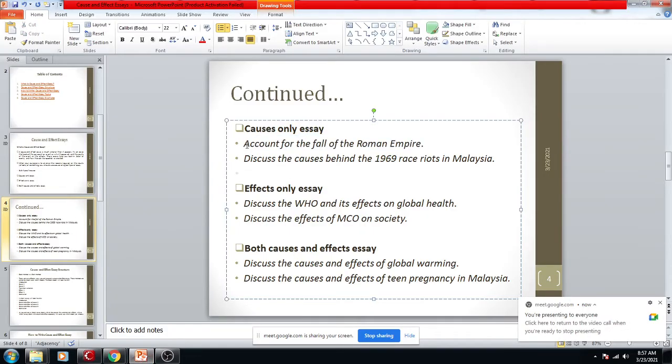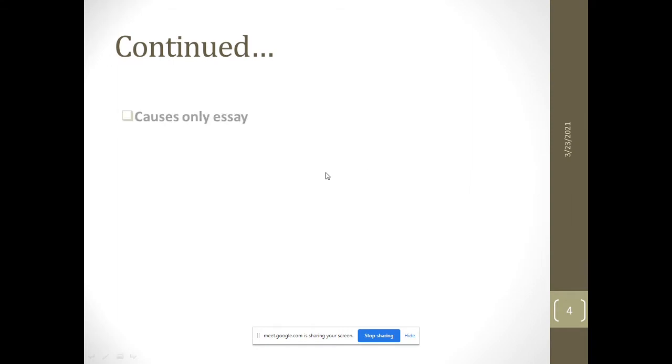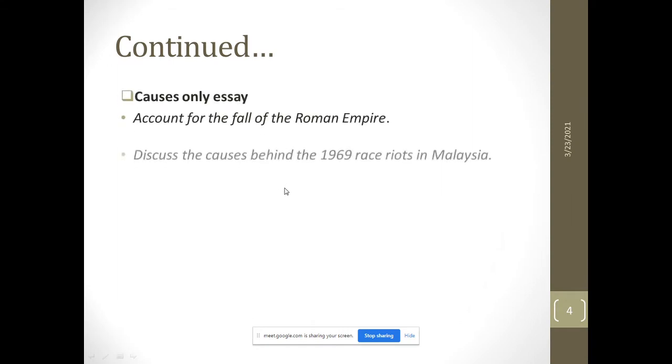For example, account for the fall of the Roman Empire. So obviously here you're being asked to write about the causes that led to the fall and disintegration and end of the Roman Empire. You're being asked to think, to discuss the reasons, the causes that led to the fall of the Roman Empire.